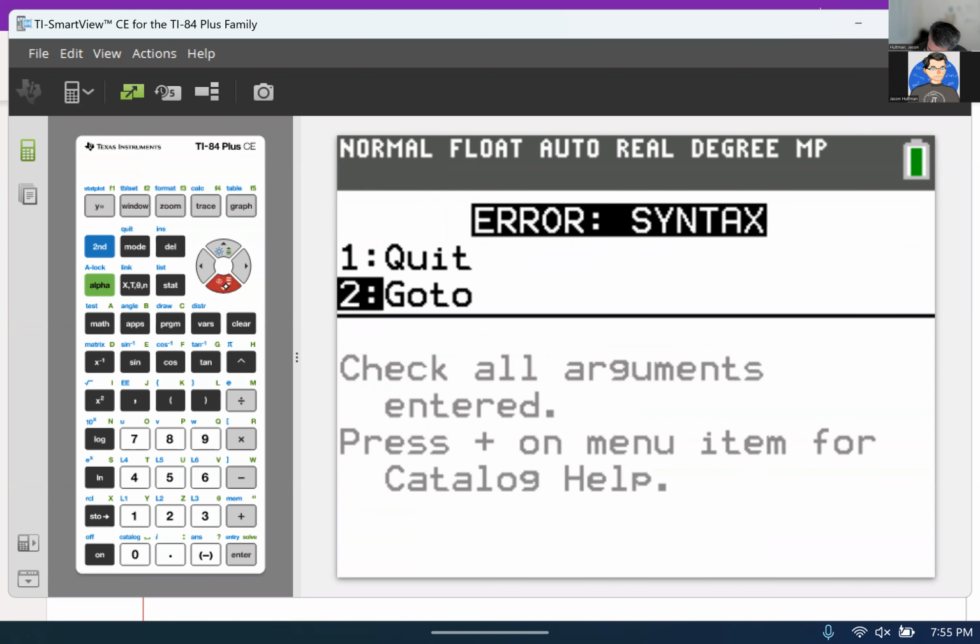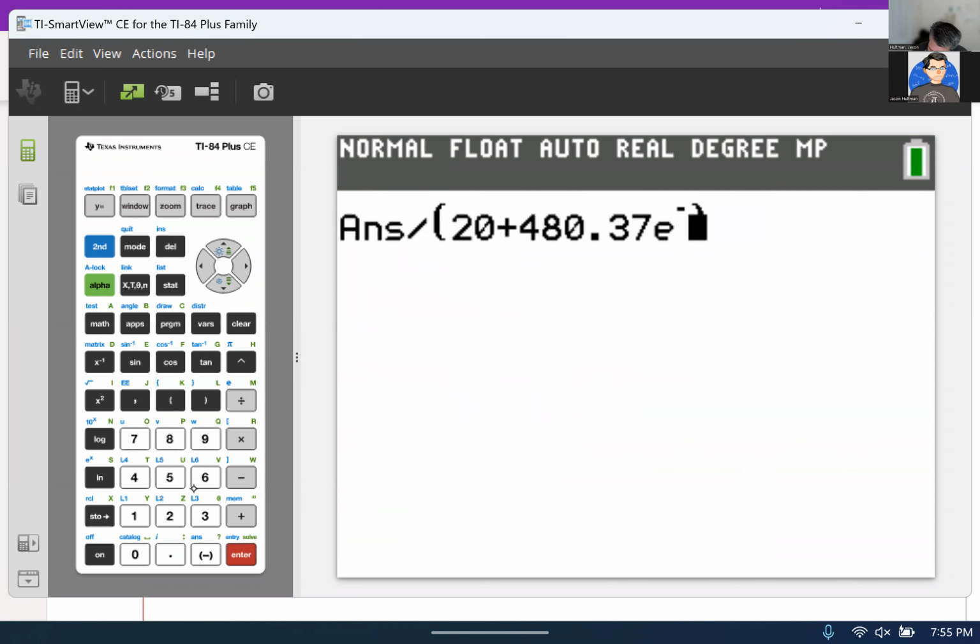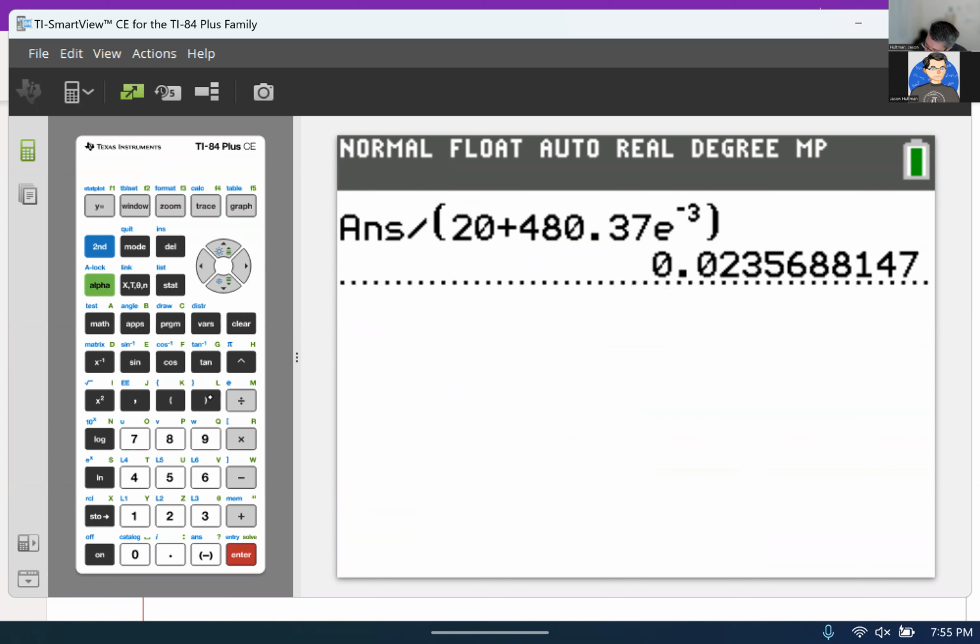Whoops, not too quick. Oh, I put in the answer. The calculator keeps pulling the previous answer in.